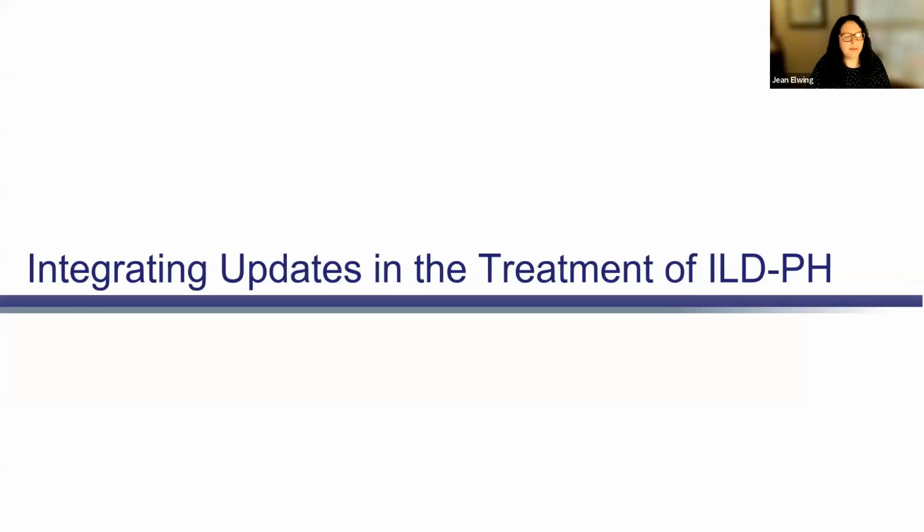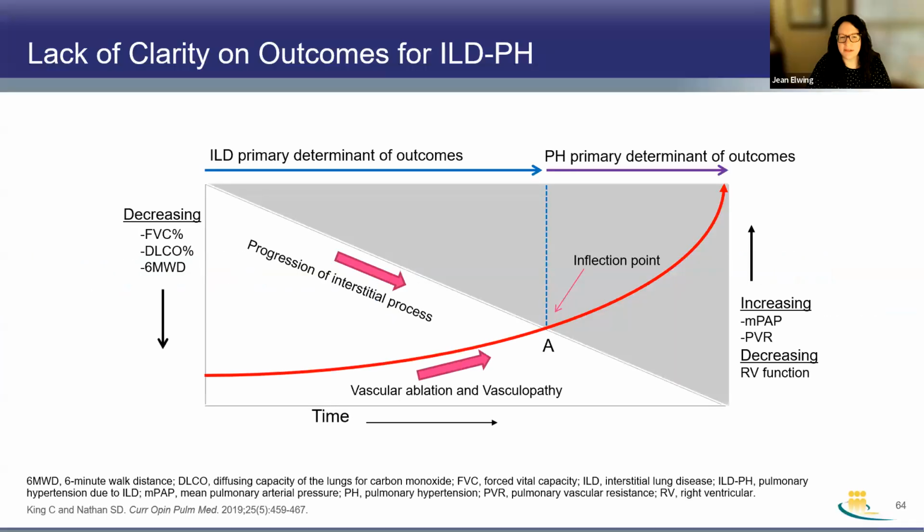So how do we integrate all of this information into treatment? Well, we talked about 3 unique patients, all of them dyspneic, all of them limited, some of them more so than others, all of them with low DLCOs, and all confirmed to have pulmonary hypertension. And their disease will be progressing over time.